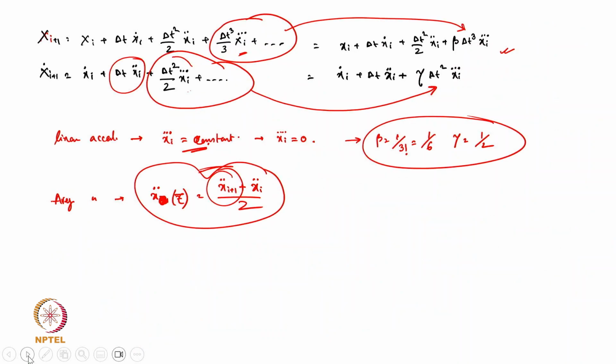So in case of linear acceleration, means average acceleration, if I try to write that equation, how can I write it? I try to write it with this. So xi plus 1 should be equal to xi plus delta t xi dot plus delta t square by 2 xi double dot.